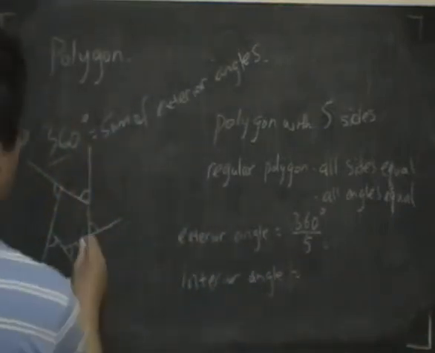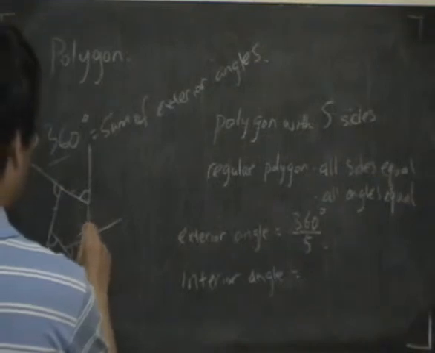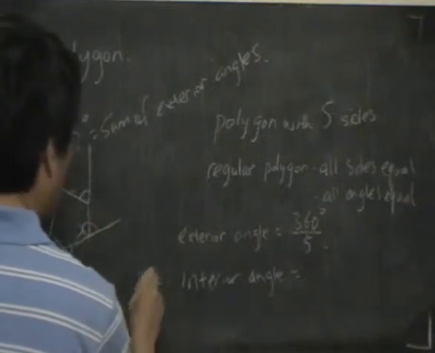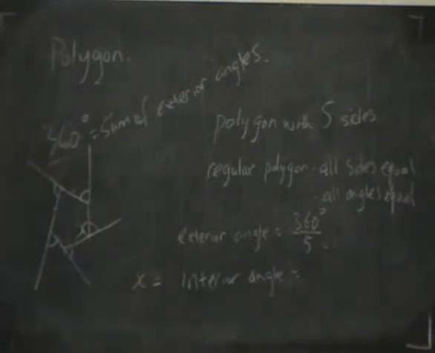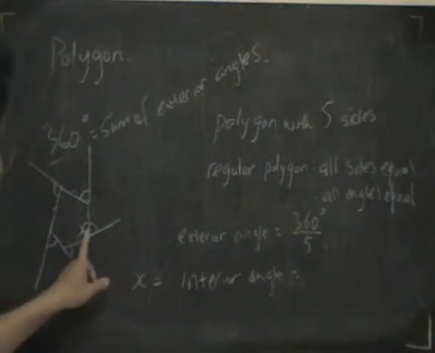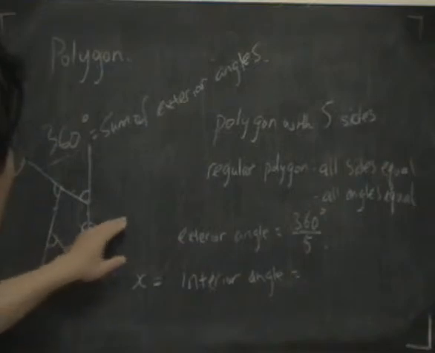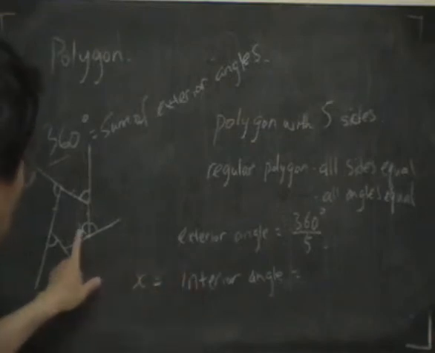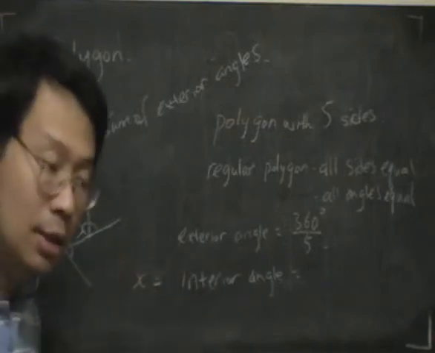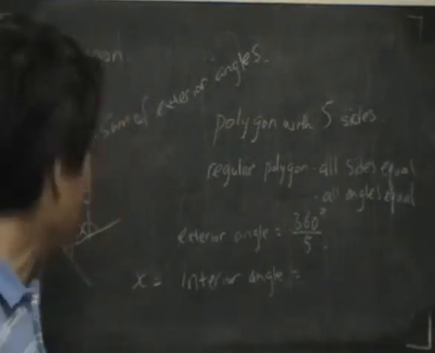Okay, so the interior angle is this one, the x there inside. Now, the x is just next to the exterior angle on a straight line. So therefore, the x, or the interior angle, plus the exterior angle must be 180 degrees.